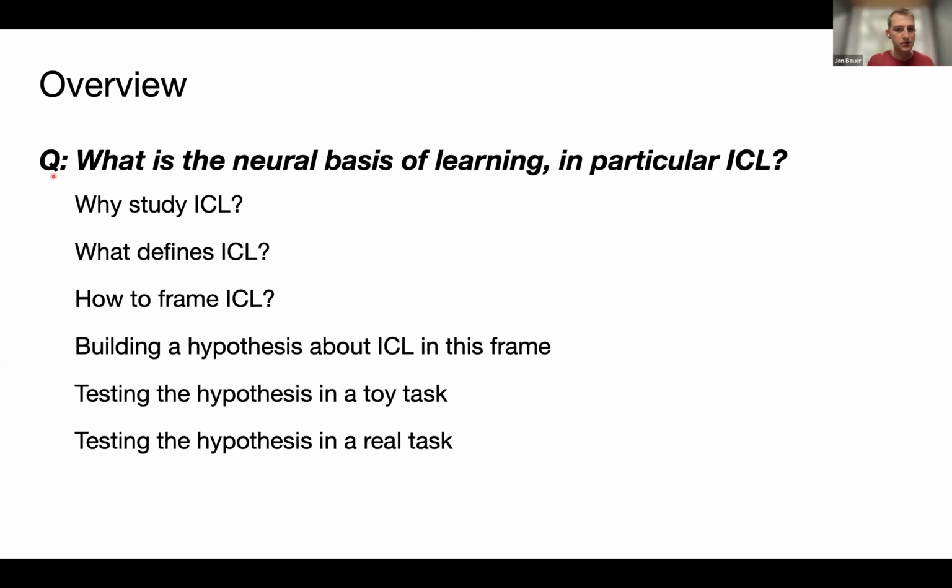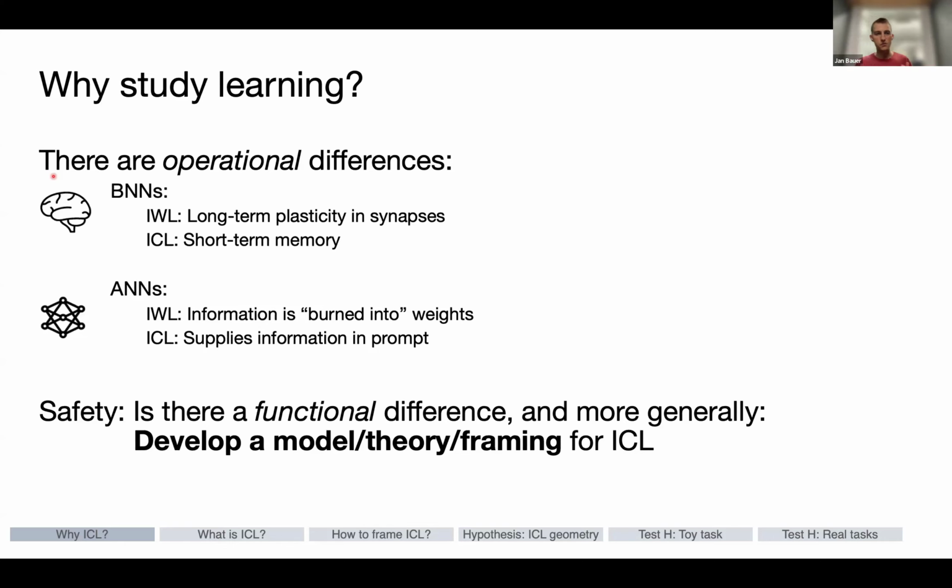All right, so the first question was, why study in-context learning, or really learning in general? I have a background in neuroscience, so I was aware that there are these, let's call them operational, or physiological, differences.